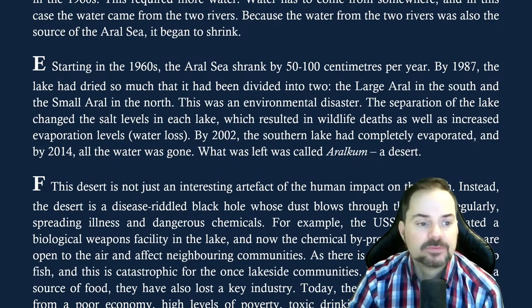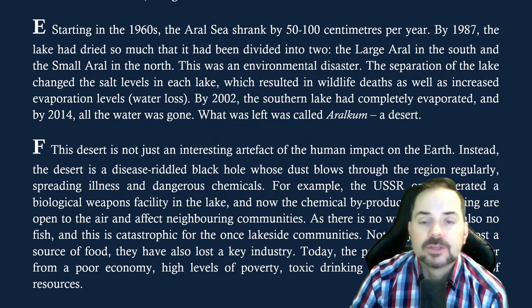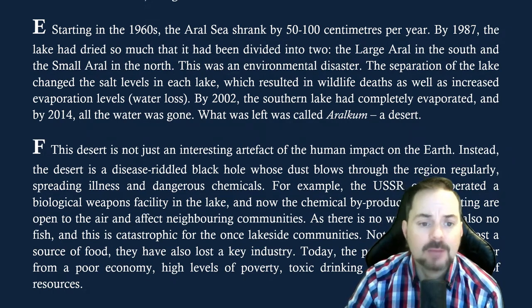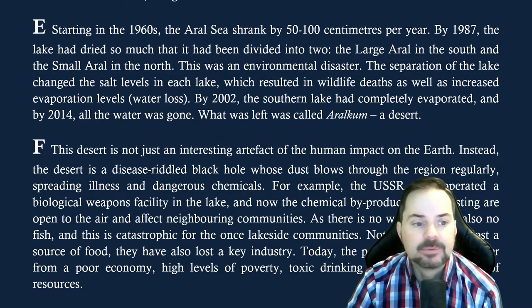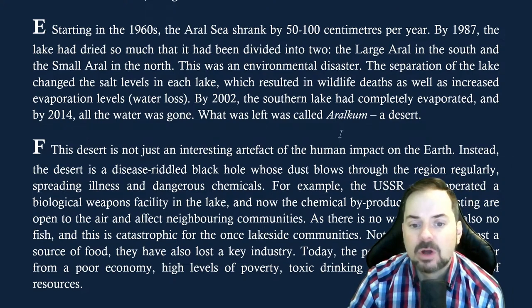The separation of the lake changed the salt levels in each lake, which resulted in wildlife deaths as well as increased evaporation levels, water loss. So somebody said evaporation. There you go. By 2002, the southern lake had completely evaporated, and by 2014, all the water was gone. What was left was called Aralkum, a desert.